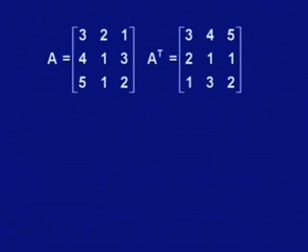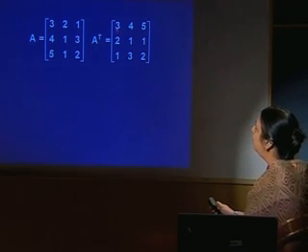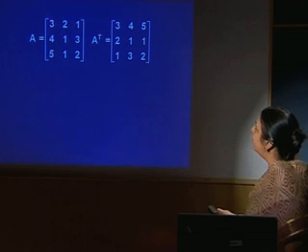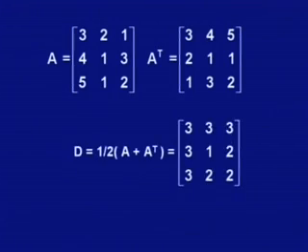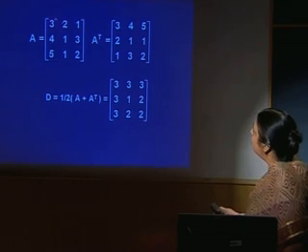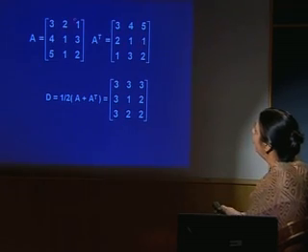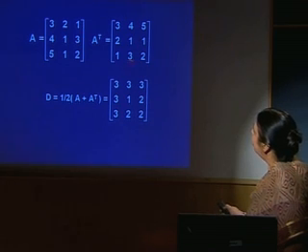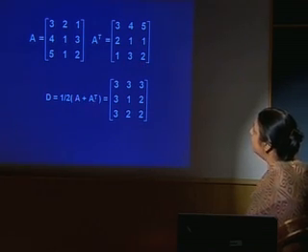Now, I illustrate this with an example. If I have matrix A as 3 2 1, 4 1 3, 5 1 2, a 3 by 3 matrix, then its A transpose will be 3 4 5 as the first row. The first column becomes the first row, the second column becomes the second row, and the third column becomes the third row in the A transpose matrix. Then D is half of A plus A transpose.